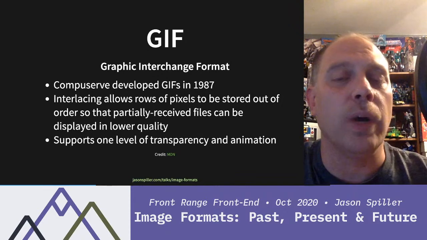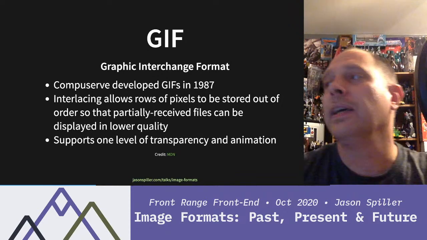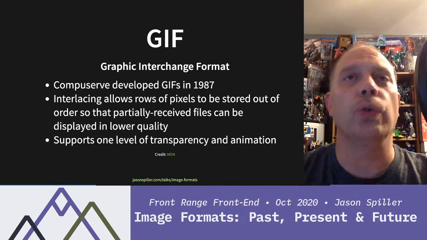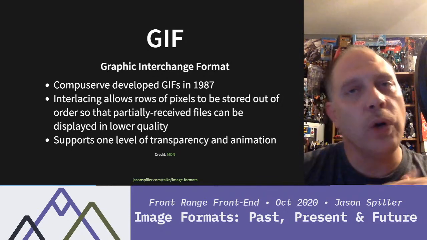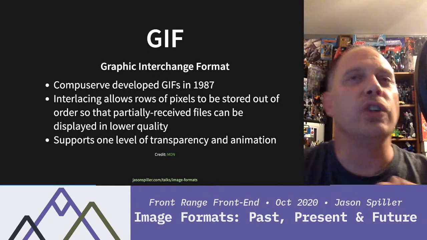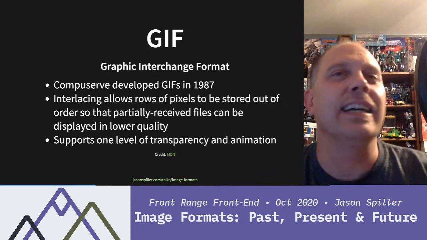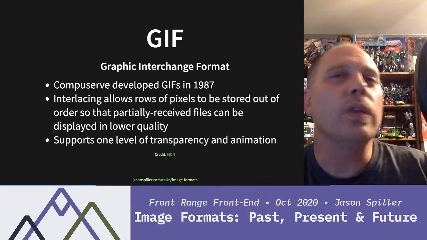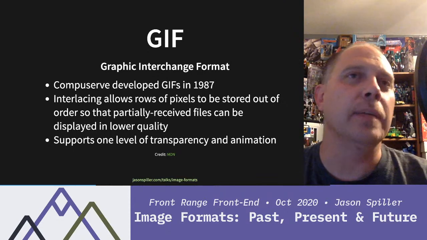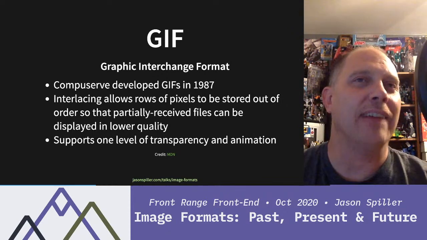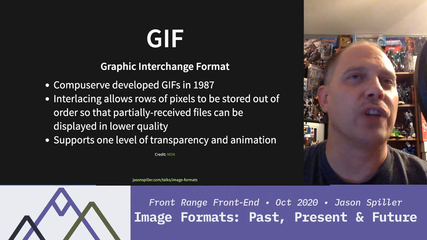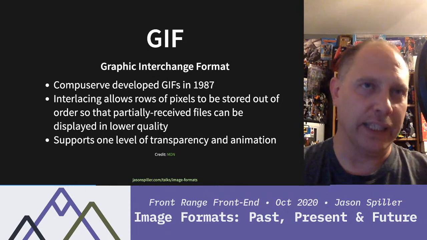So basically what it did was it would only show you the odd rows first. And so you'd get kind of an idea of the image. And so only 50% of the image had to be downloaded before you got that first odd set of rows, and then it would bring in the even rows.